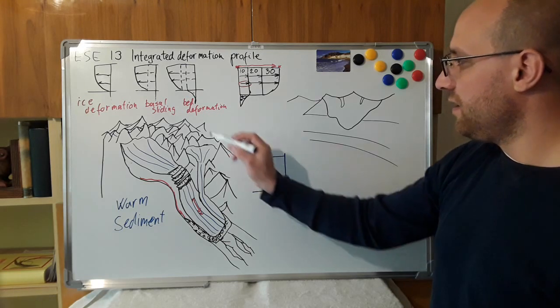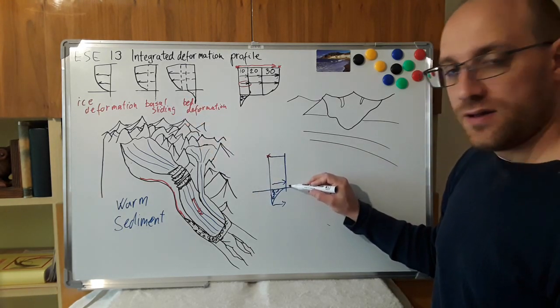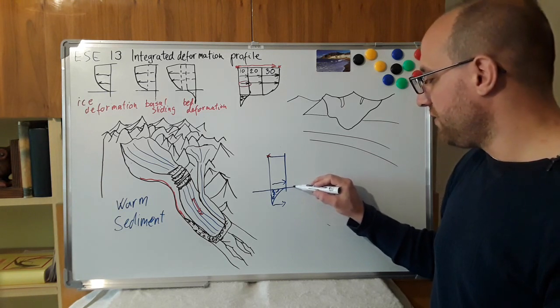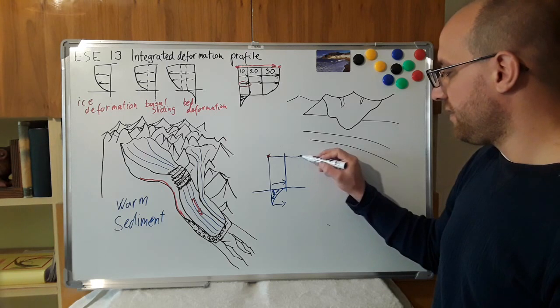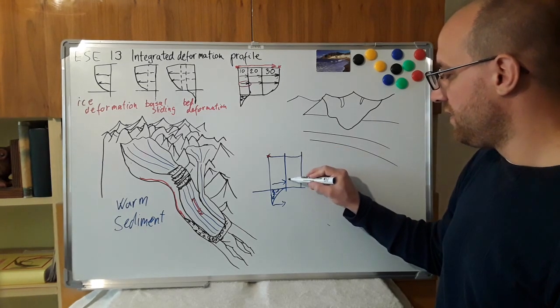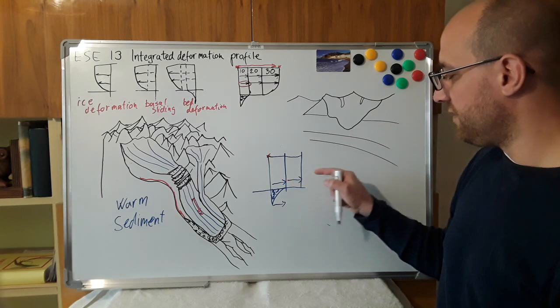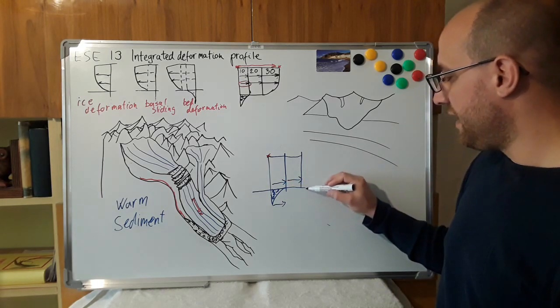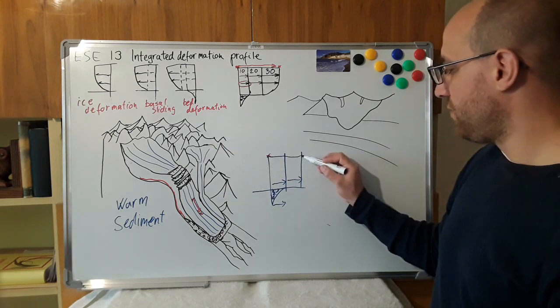And there will be basal sliding, so it's simply the ice slipping on the water film between the bed and the ice itself. So there will be one more component. This is another little velocity vector over here. And there will be the ice deformation as well.